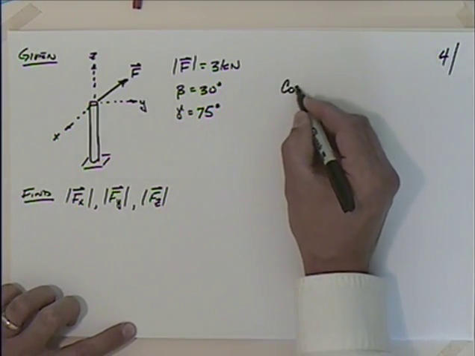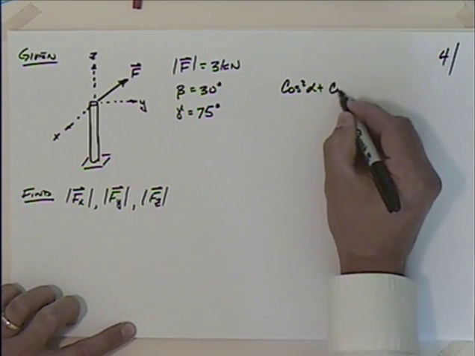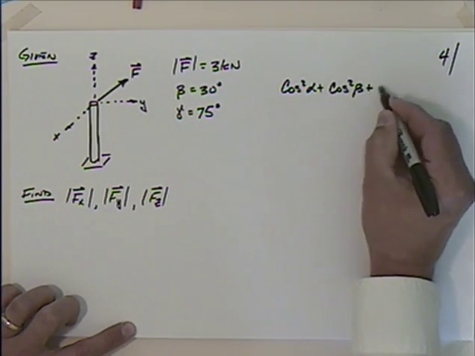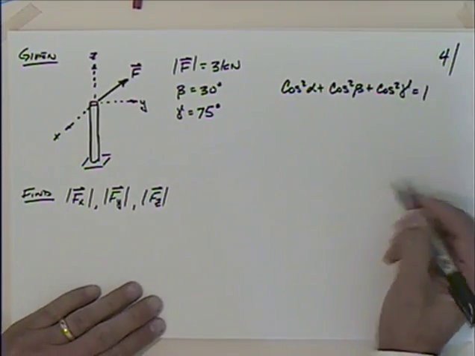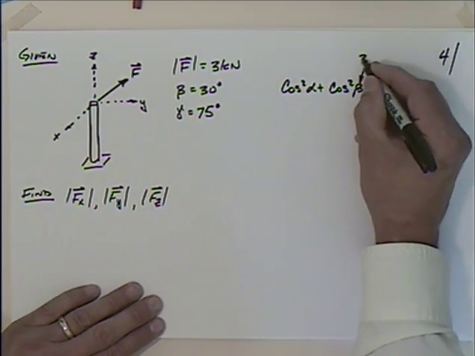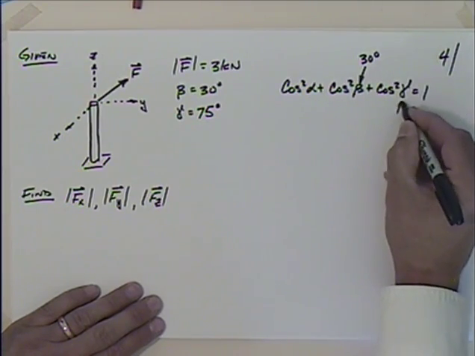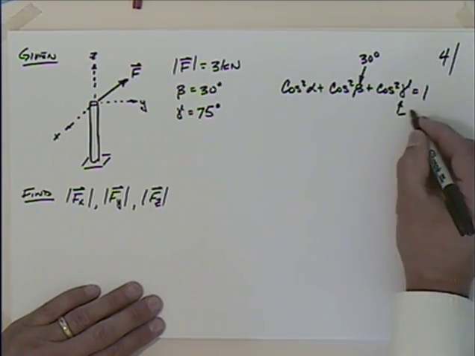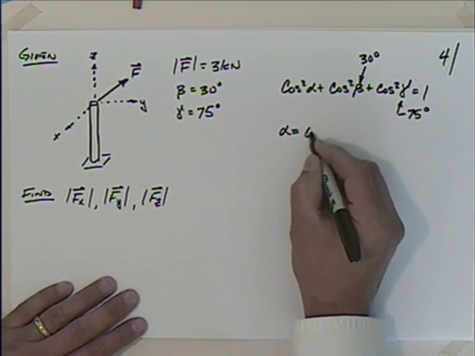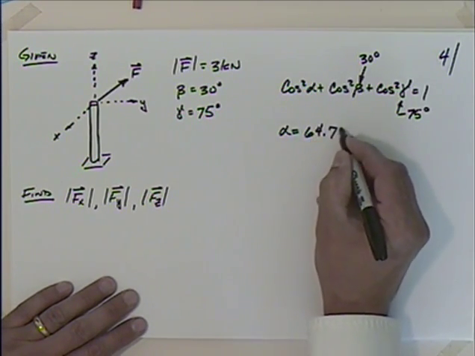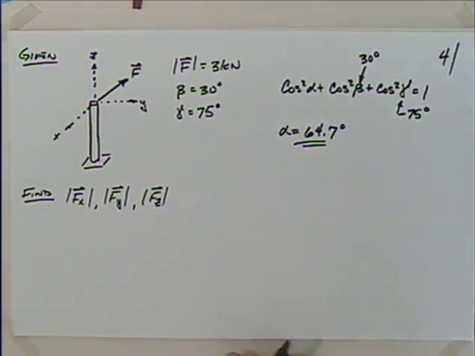We know that cosine squared alpha plus cosine squared beta plus cosine squared gamma is equal to 1, right? Well, if I substitute in my beta at 30 degrees and my gamma at 75 degrees, I come up with alpha that's equal to 64.7 degrees. So that was not asked for, but that will probably be a useful intermediate step.